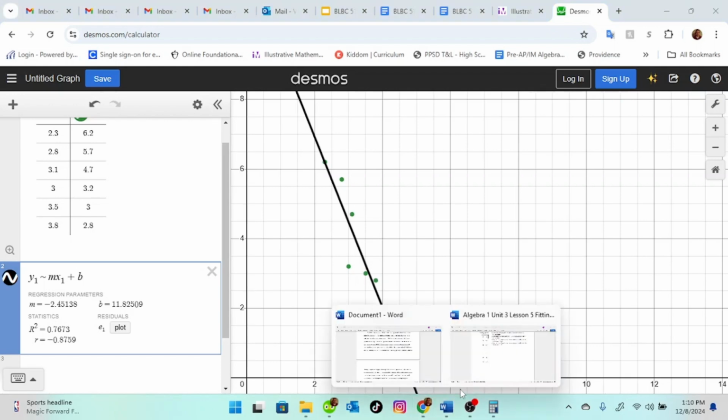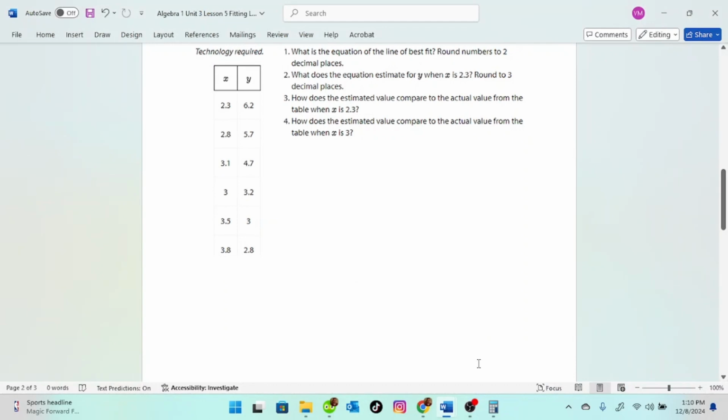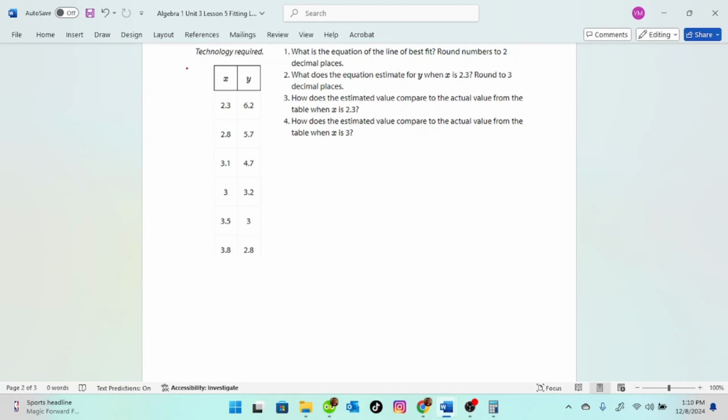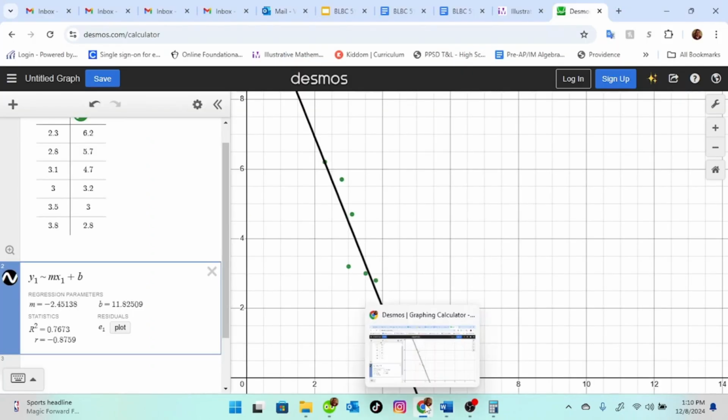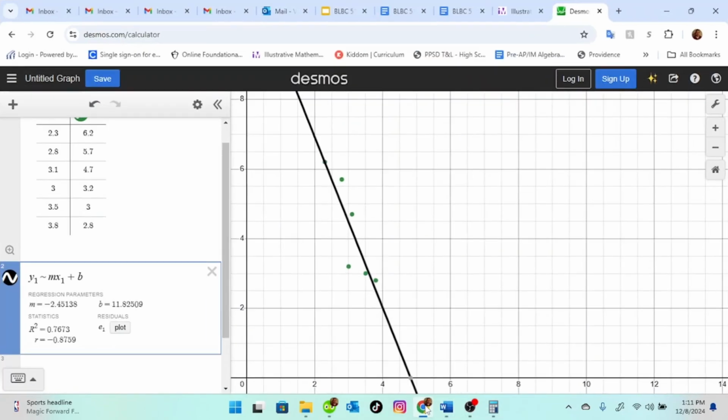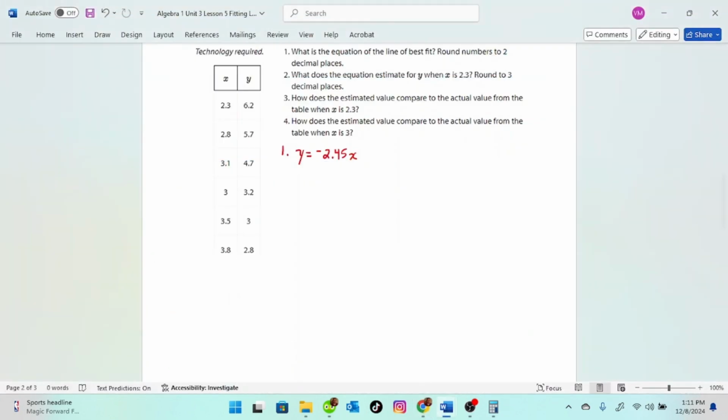So when we write in this equation for number 1, we're going to have y equals, the slope is negative 2.45, and the y-intercept is 11.83 when we round.